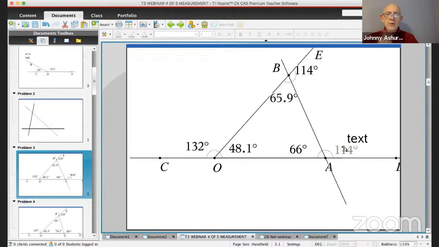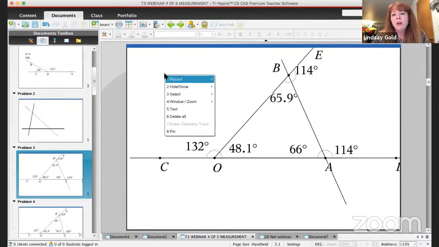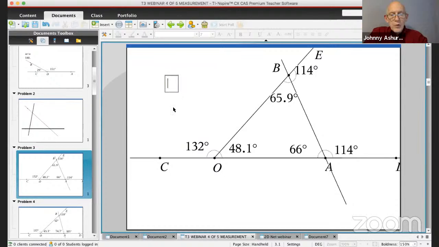Now, here's a question, Lindsay, because you did it earlier. If we add the 3 angles inside the triangle, how many degrees should that be? It should be 180. So I'm going to create another generic arithmetic. Because I've got 3 vertices, I'd like to do some calculation.